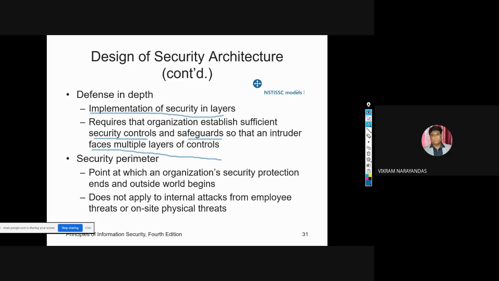Policies generally can deter the attacks. Technology is implemented in different layers.